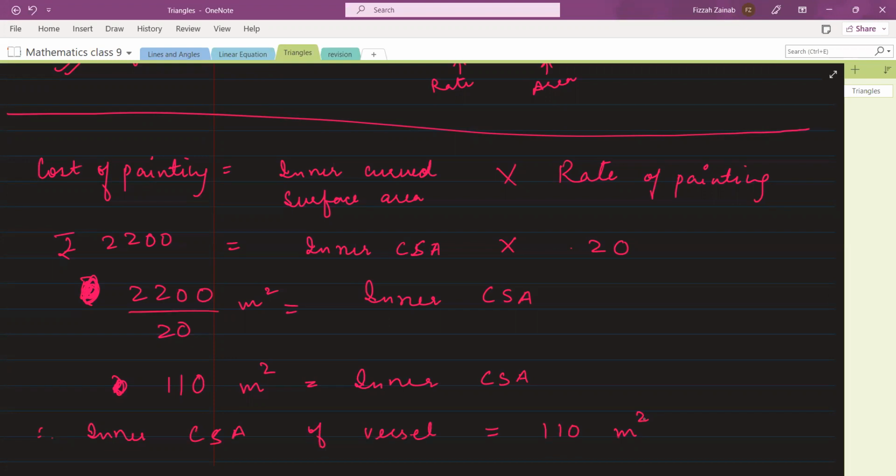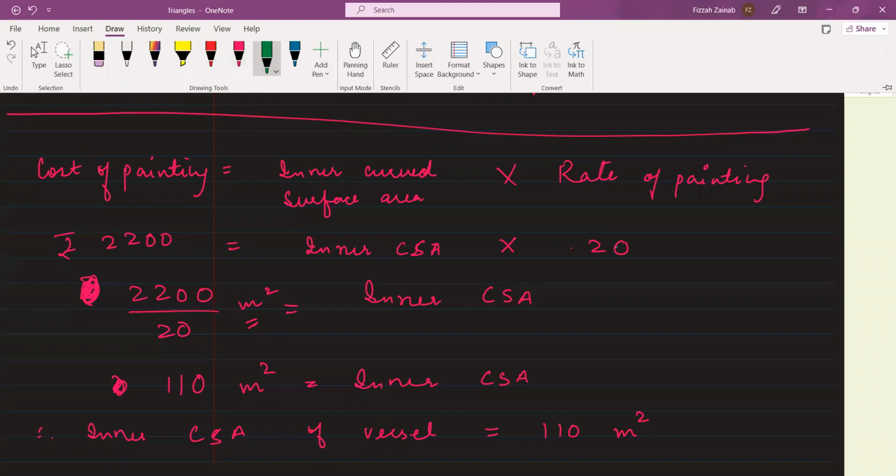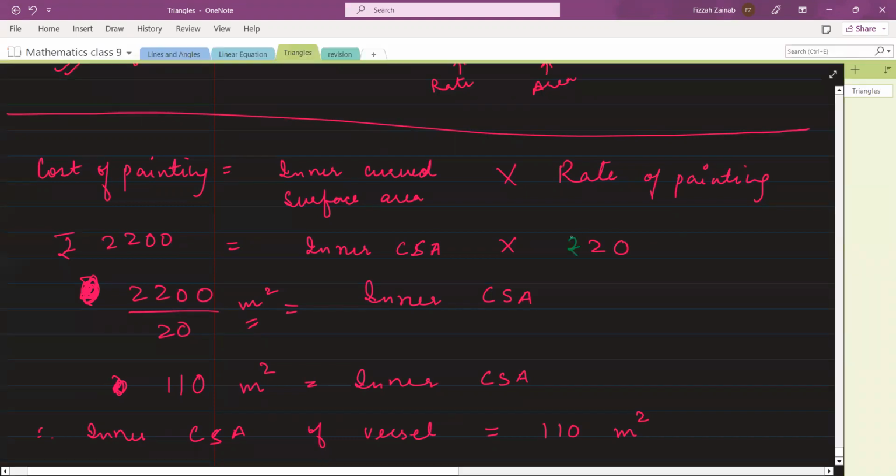See, now you must be wondering how this meter square is coming here, right? Everything was in rupees. Just to explain to you, see, what is this rate? Rate means, I should have written like this, rupees 20 per meter square.